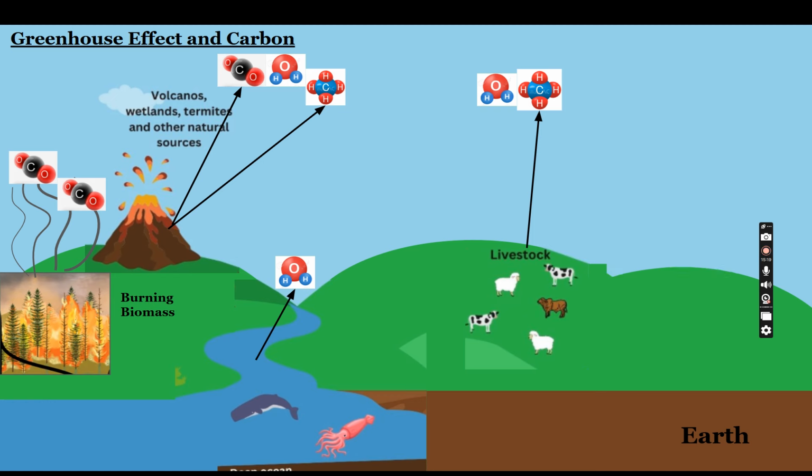And as there's more and more, that means that there's more and more greenhouse gases in our atmosphere. So I'm drawing an arrow to show that the livestock are releasing methane into the atmosphere.